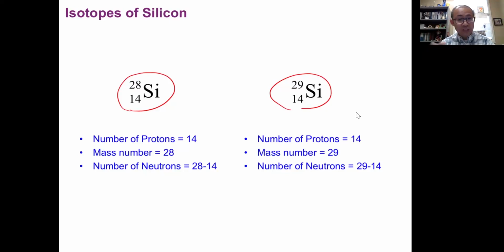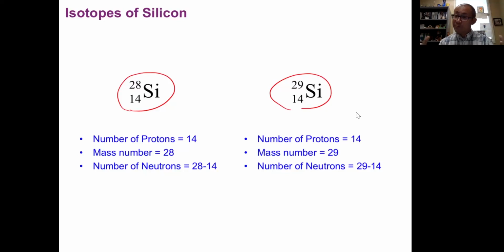But these two silicons are different: one is silicon-28, another is silicon-29. That means they have different numbers of neutrons. The first has 14 neutrons, the second has 15 neutrons. That is why the mass numbers are different.